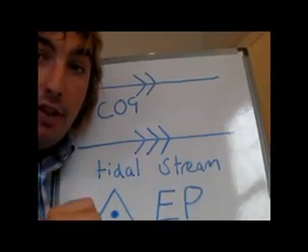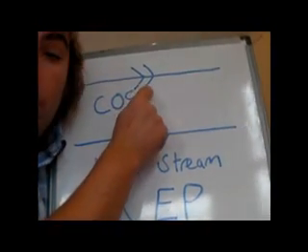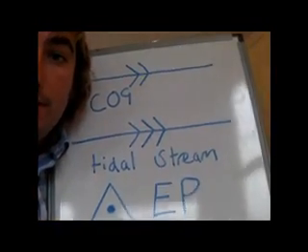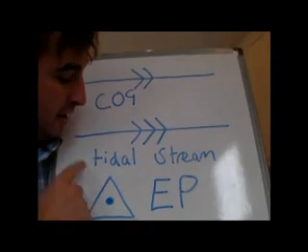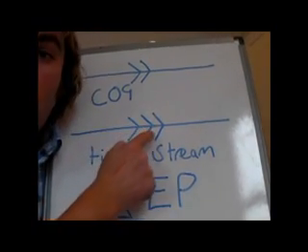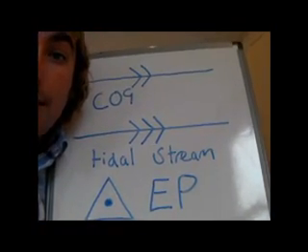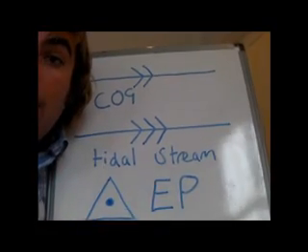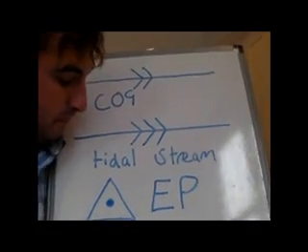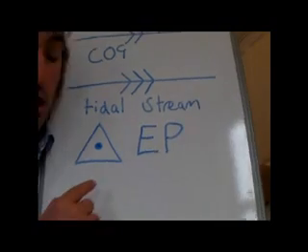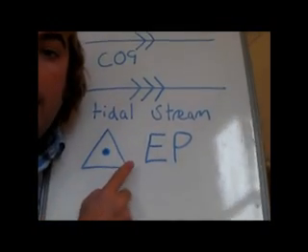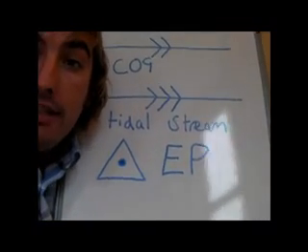They're two different things, and that's the symbol that represents course over ground. The next one with the 3 arrowheads is the tidal stream, the direction the tide is flowing. And last of all, we've got a triangle with a dot in, and that's our EP, or estimated position.